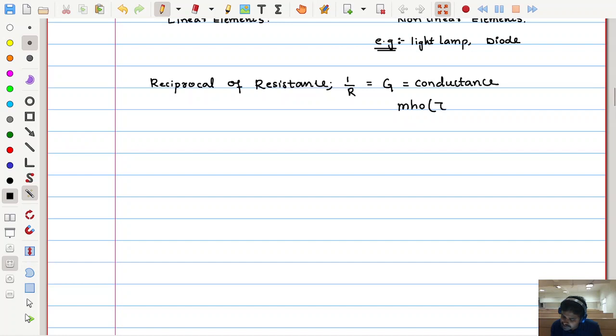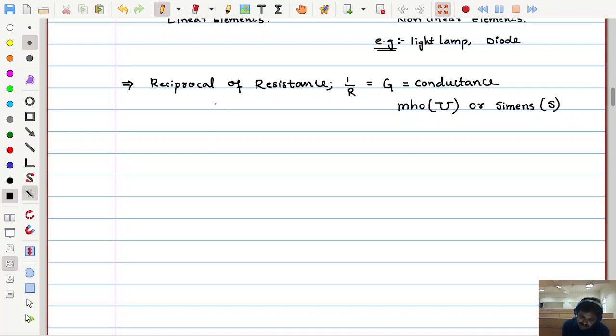The symbolic representation of this is opposite to the ohms, or it can also be referred to as Siemens, S. So this is one more term we frequently come across in our circuit analysis.